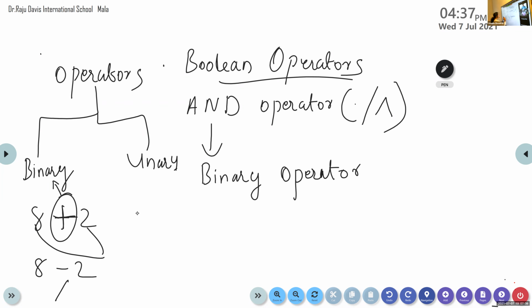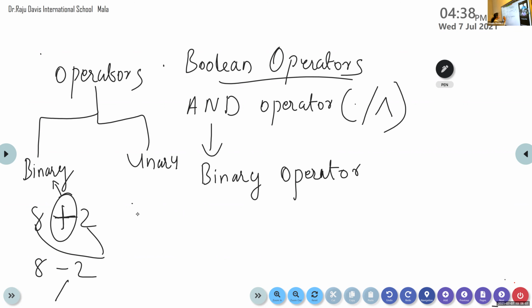Plus plus is the increment operator. Plus plus a means a is incremented by 1. Another one is minus minus a, just for decrementing the value. For decrementing we need only one operand, here only a.